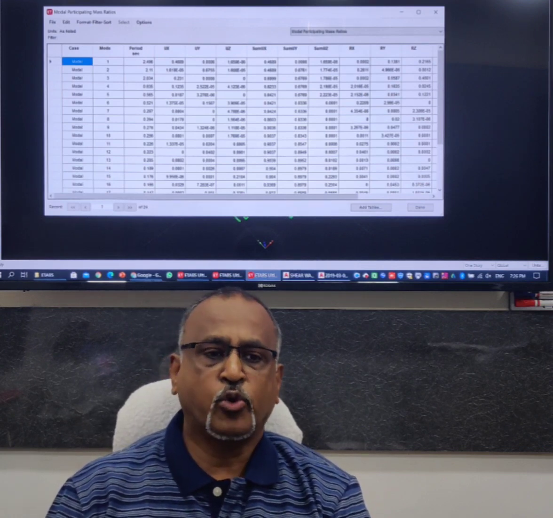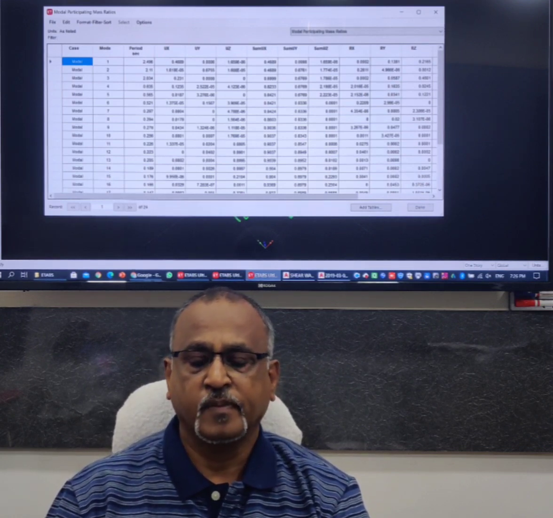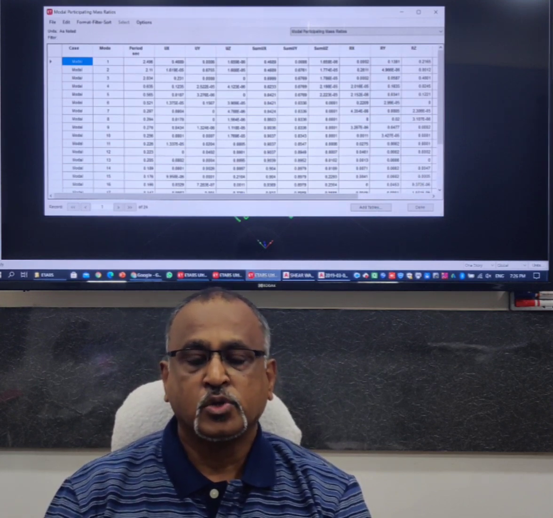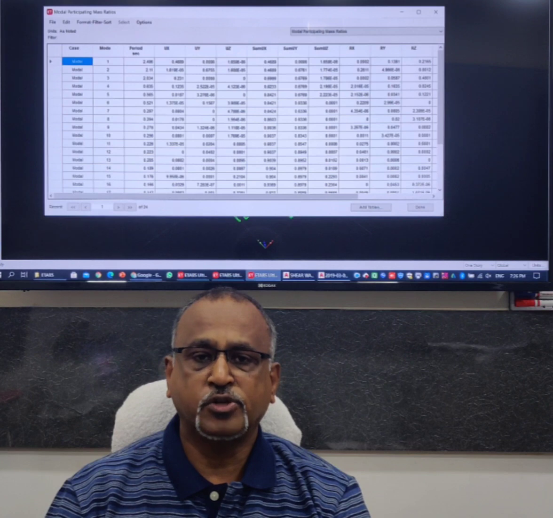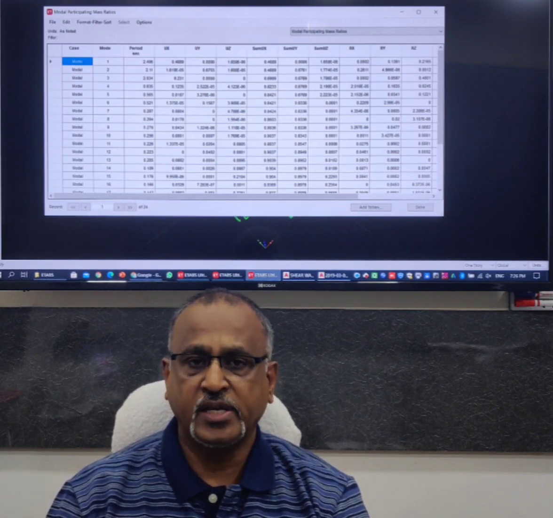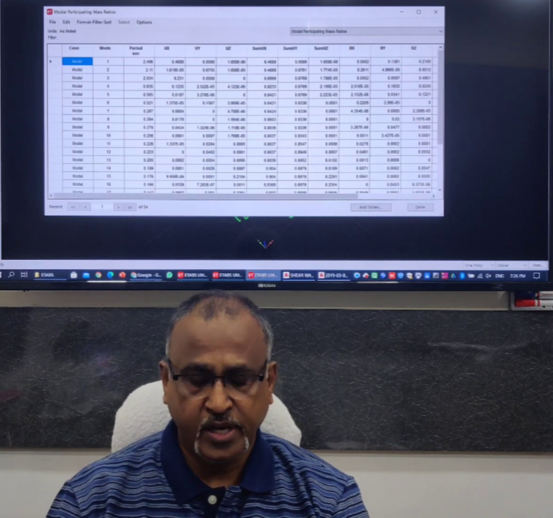Now, as far as the codal requirements are concerned, this tower is less than 50 meters, so the provisions of IS 16700, the Indian standard for high-rise code requirements, are not necessary.